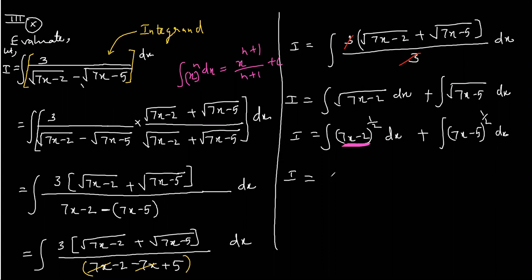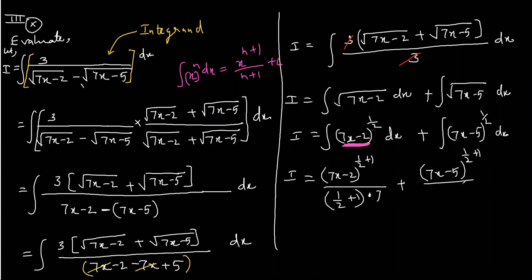So here it will be 7x minus 2 raised to half plus 1 divided by half plus 1 into 7. Don't forget to multiply the coefficient of x in the denominator into 7. Plus, here you have 7x minus 5 raised to half plus 1 upon half plus 1 into 7 again, plus c.